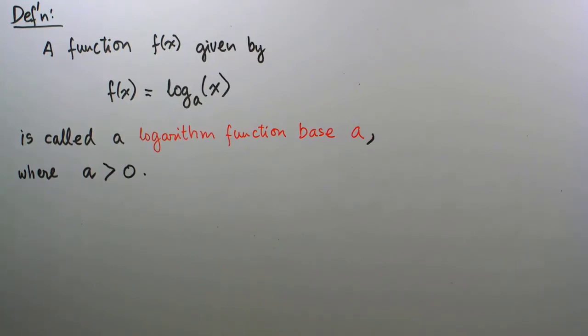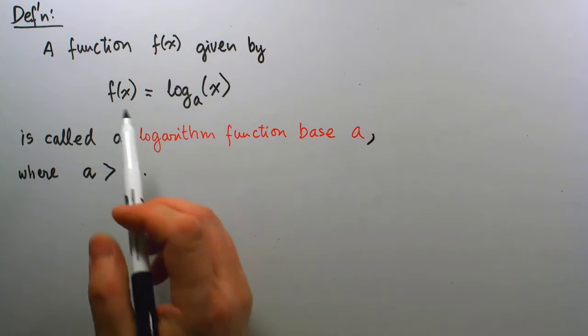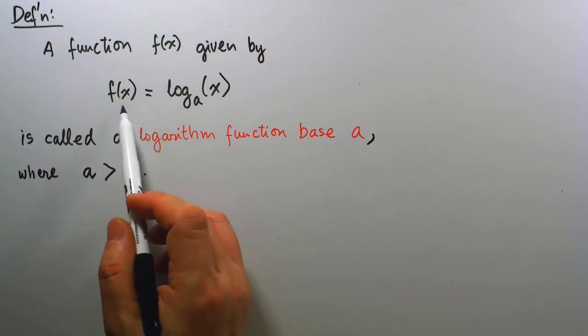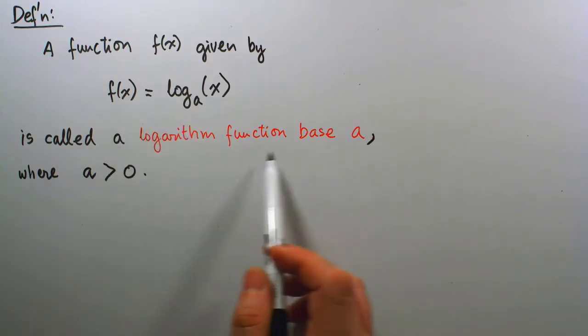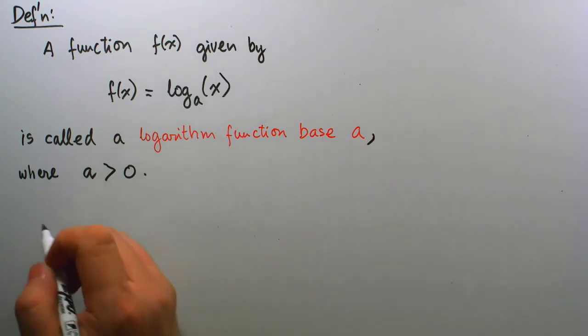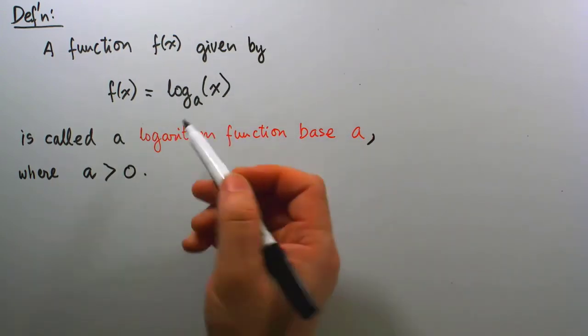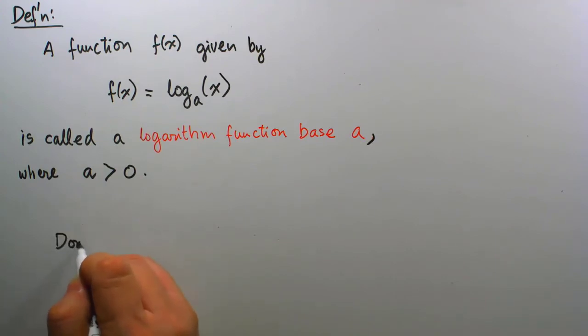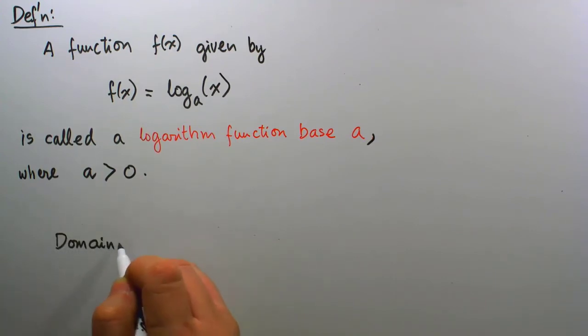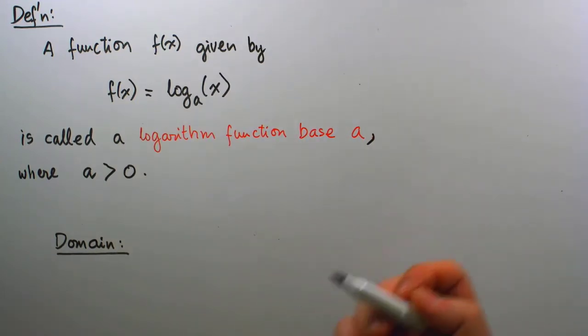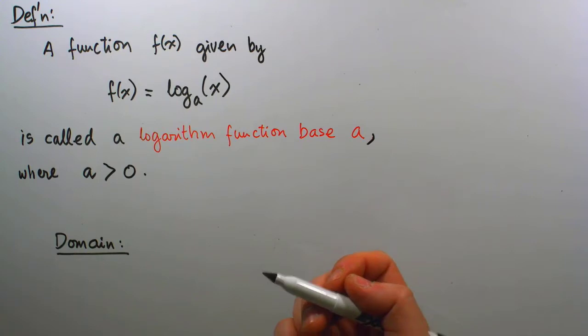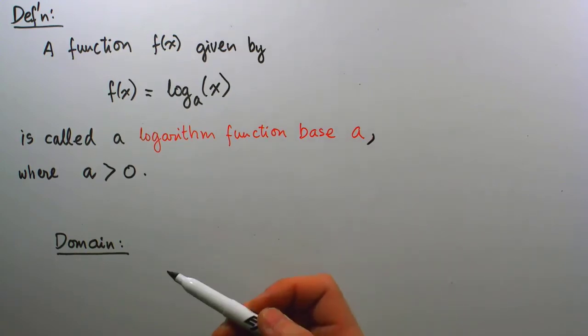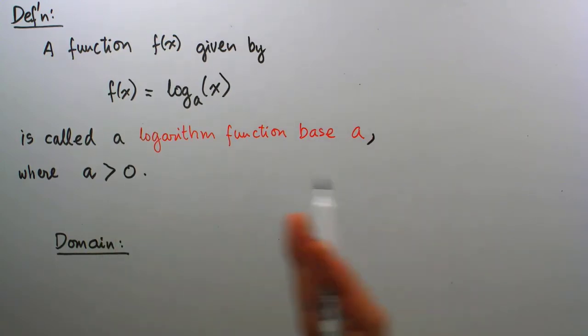And so, back to this definition: once we have defined a function f of x to be a logarithm function base a, then on any logarithm of any base, the domain, because earlier we were just investigating different values of the input so that we can track down where the domain of our function is.